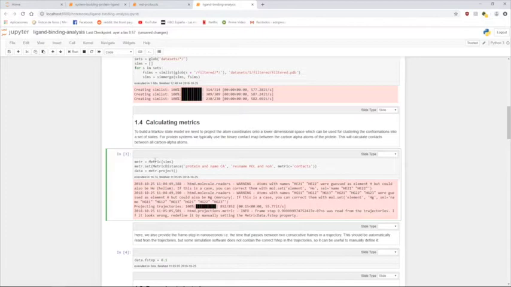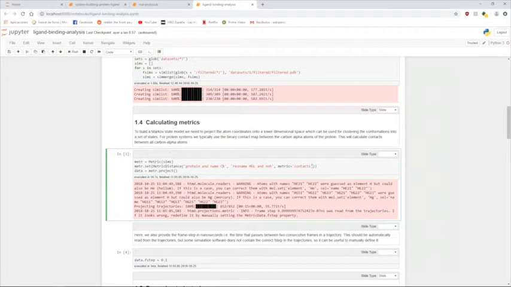So our endpoint here is to construct a Markov model of our system. To do that, as I said before, first we need to lower the dimensionality of our space. So we'll start by projecting the atom coordinates into a lower dimensional space.